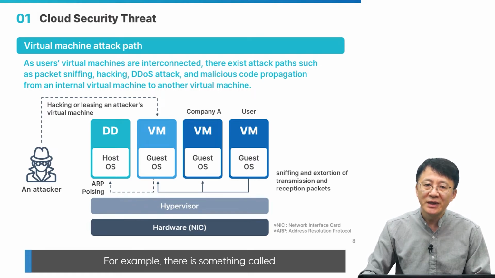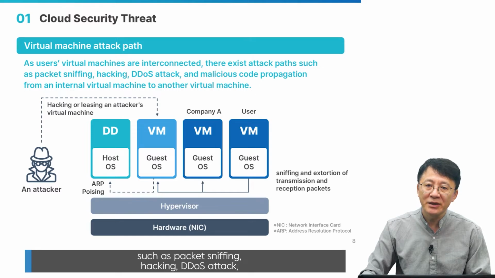For example, there is something called a virtual machine attack vector, as users' virtual machines are interconnected. There are many attack paths such as packet sniffing, hacking, DDoS attack, and malicious code propagation from a virtual machine to another virtual machine. In addition, hackers also target the hypervisor itself, which is the basis of the virtual machine.